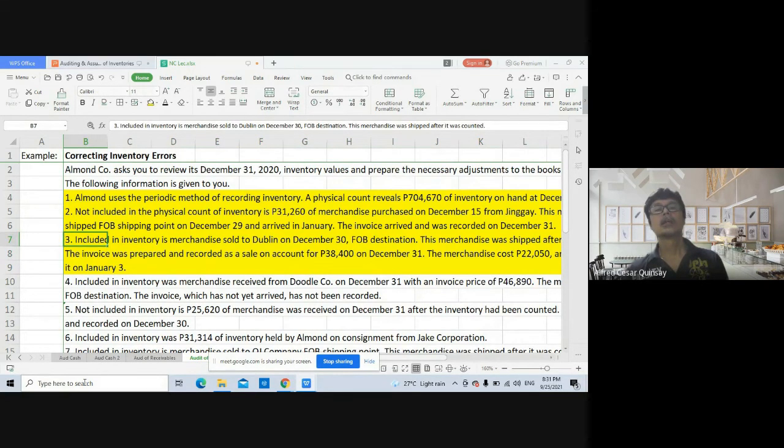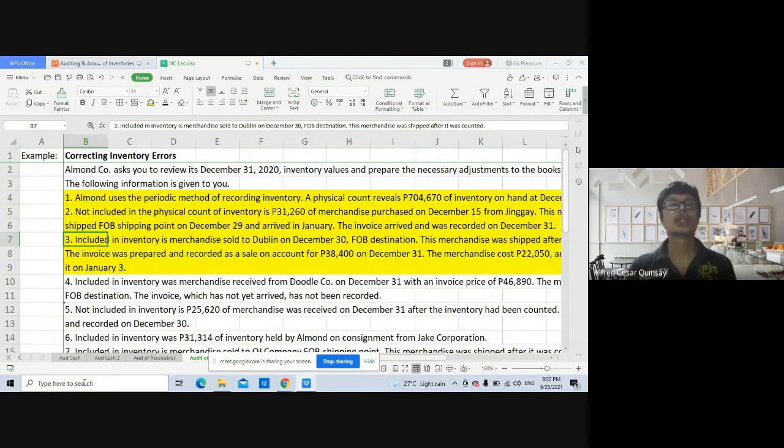As of December 30, FOB destination. So what did we say about FOB destination? It should arrive at the customer on or before December 31, 2020, in order for that inventory to be excluded.